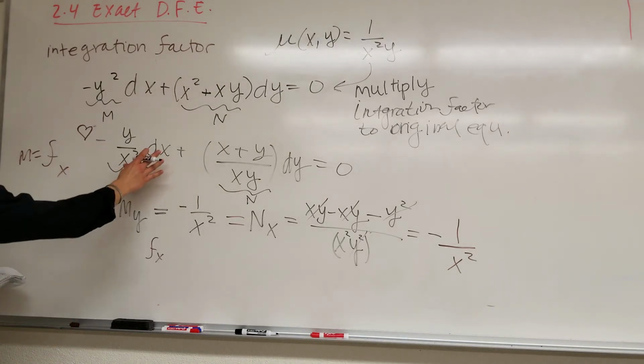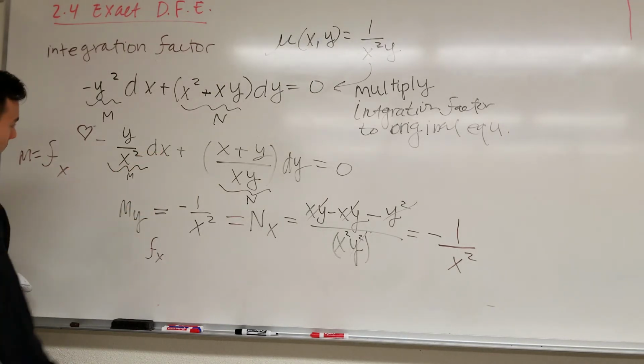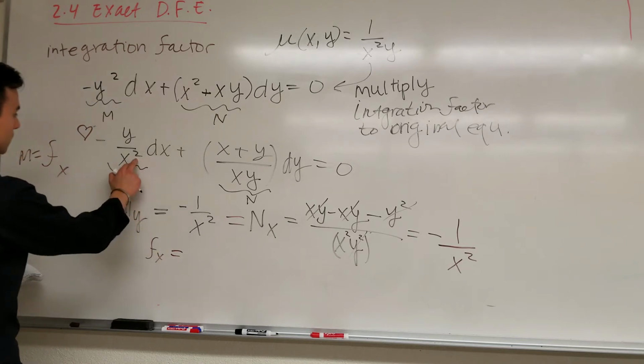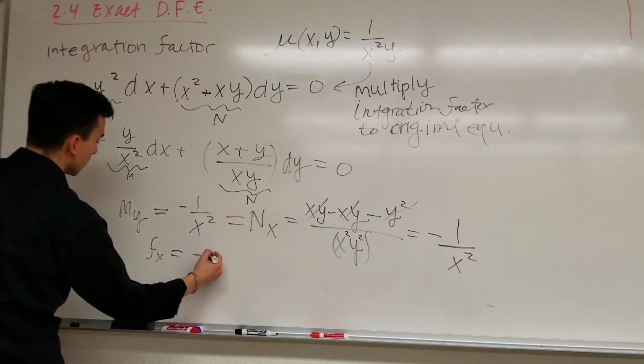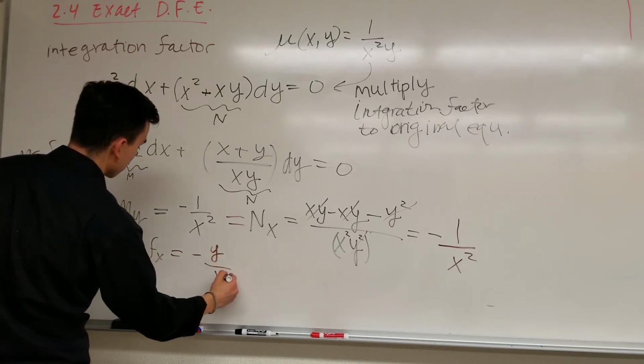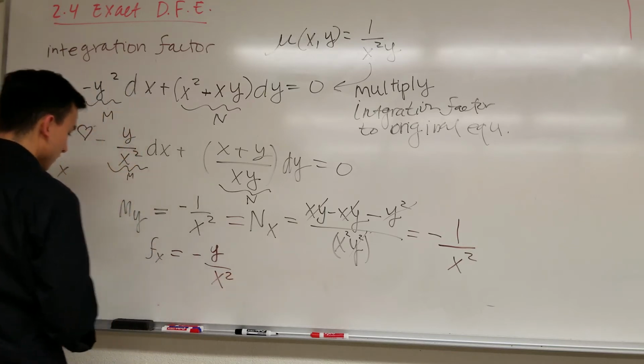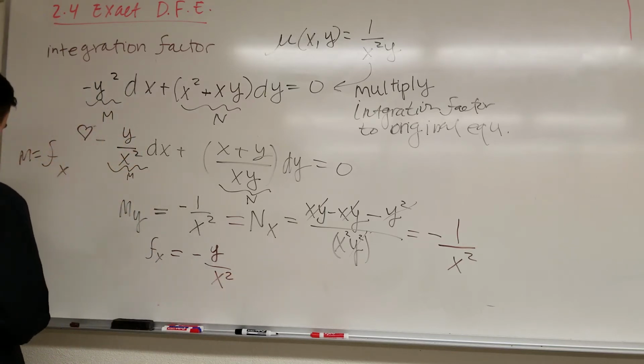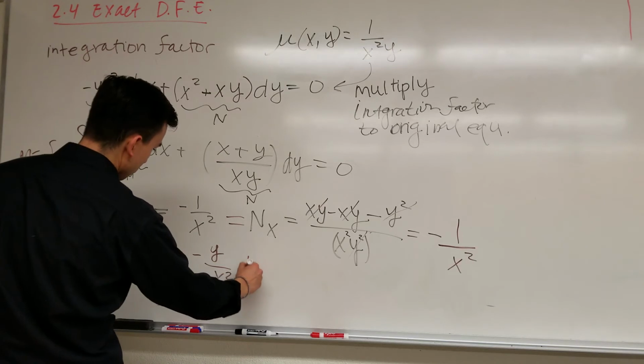So f_x is equal to our M, which is negative y over x squared. That's with respect to dx.